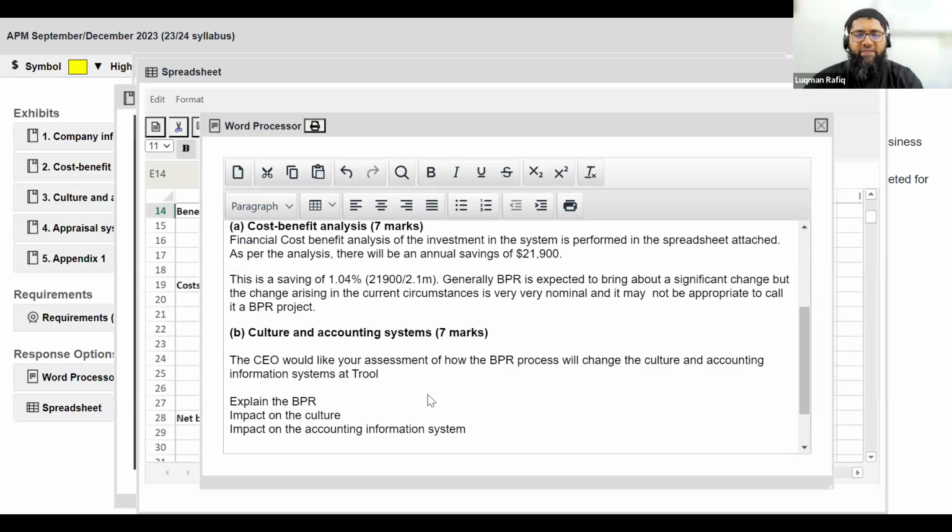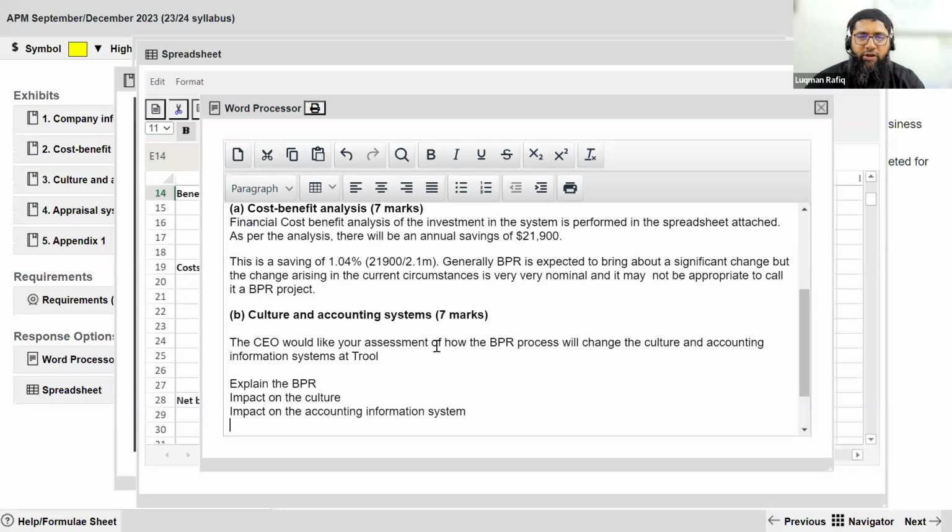Right, so what is he asking? The CEO would like your assessment on how the process will change the culture and accounting information systems at Trool. So first of all, you would explain the BPR, which is fundamental rethinking, radical redesigning, bringing about a large change.